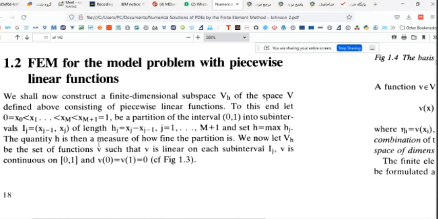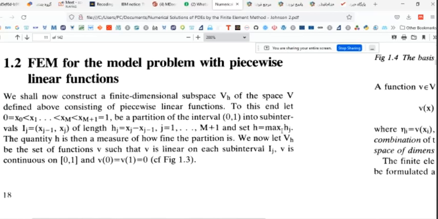As h becomes smaller and smaller, we can see that our partition is finer, and we have divided the interval into small subintervals.